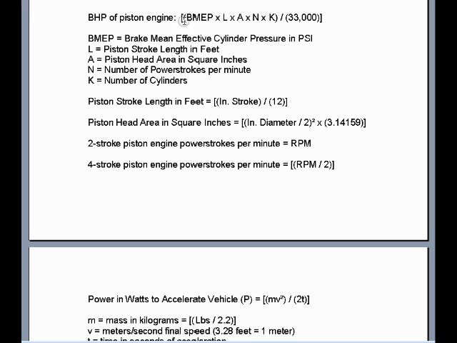Once these 4 are multiplied, the product of these 4 values is then divided into 33,000, which is the number of foot-pounds per minute to 1 horsepower.